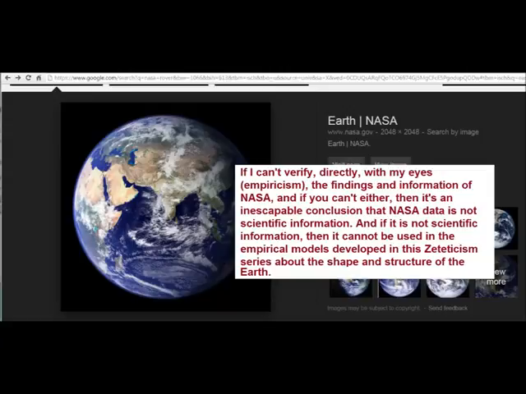This information is typically called scientific, but due to the fact that it is not verifiable by the average person, it is non-scientific information. And for that very reason, human knowledge to this point in history does not contain an empirical proof that the lowering on the horizon is due to the curvature of the surface of the Earth, rather than, for example, some sort of light bending, or that is, light refraction.